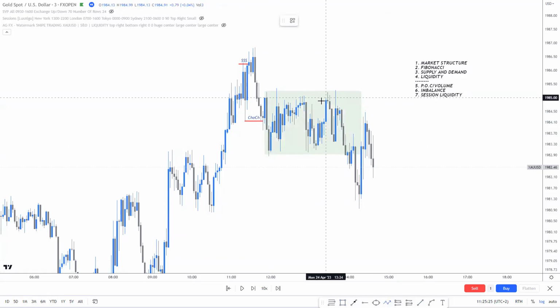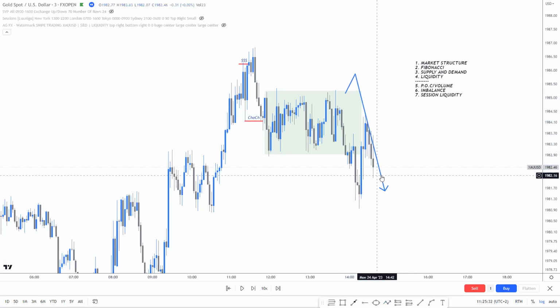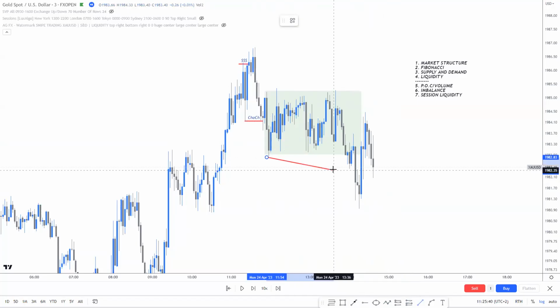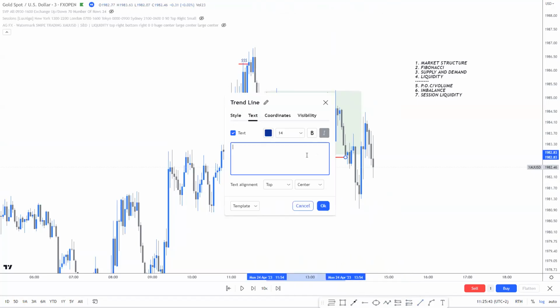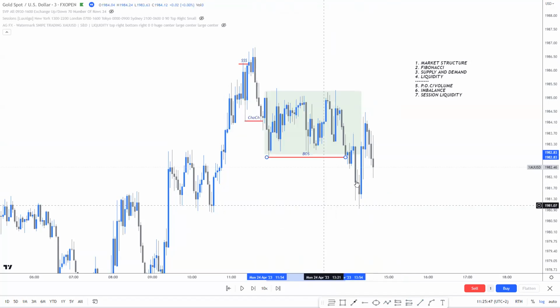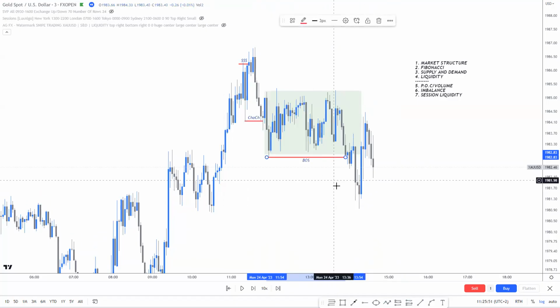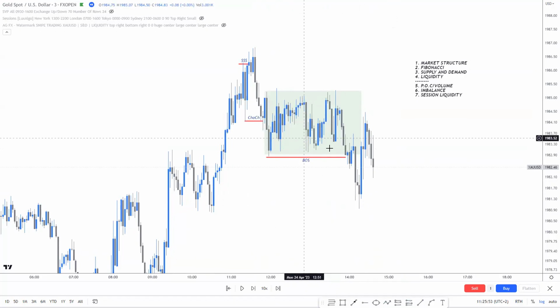And instead of taking out this internal liquidity and retesting the supply zone and then coming down, price did not do that, but it broke the consolidation to the downside. These are essentially the entry models I shared on the vault. These are really the only patterns you need. No head and shoulders, none of that nonsense, but these entry models.